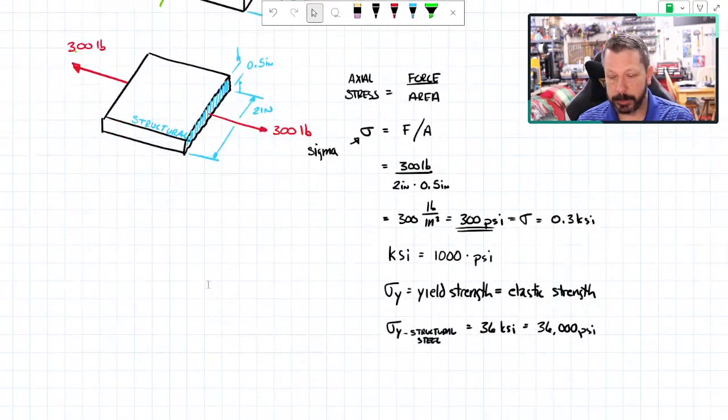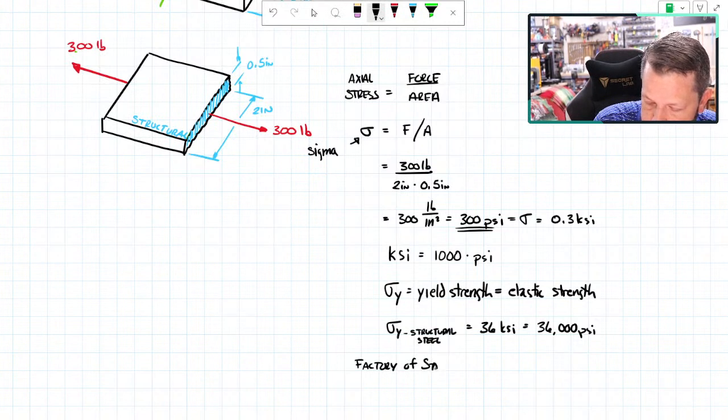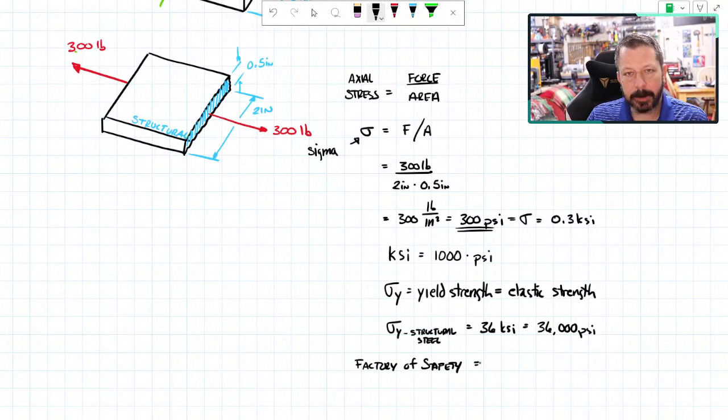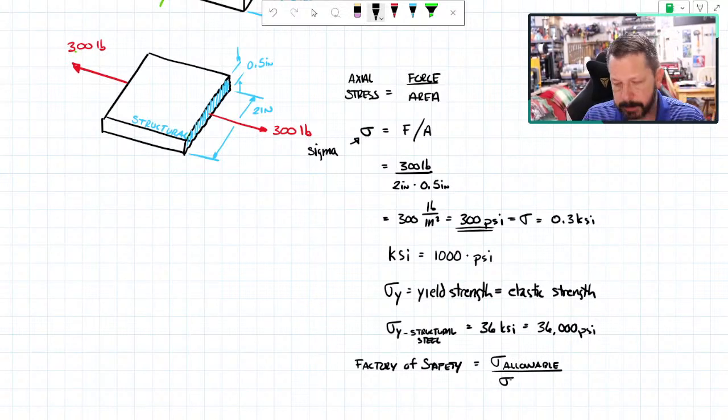So we have a huge factor of safety. Factor of safety equals our yield strength, which I'm going to call our allowable stress, sigma allowable, divided by our actual stress, sigma.